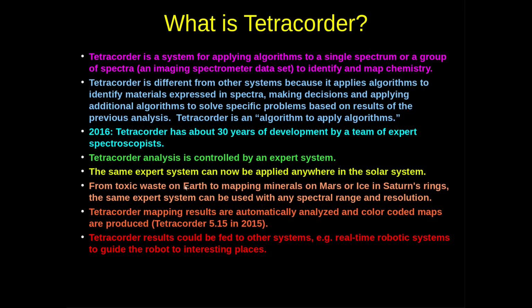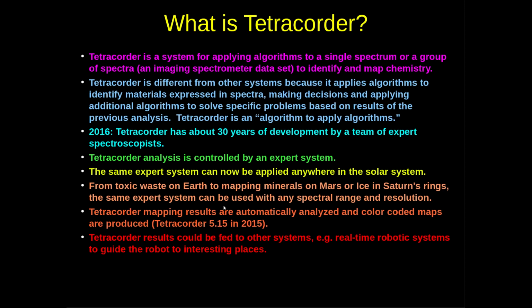So we've applied Tetracorder on all kinds of situations, from toxic waste, including acid mine drainage, oil spills, disasters like the World Trade Center disaster, to mapping minerals on Moon, Mars, or ice in Saturn's rings.